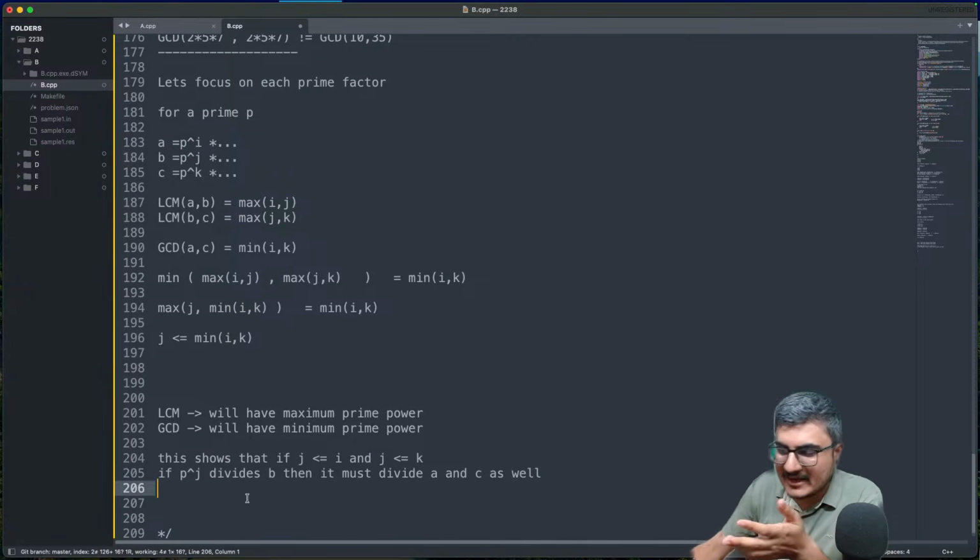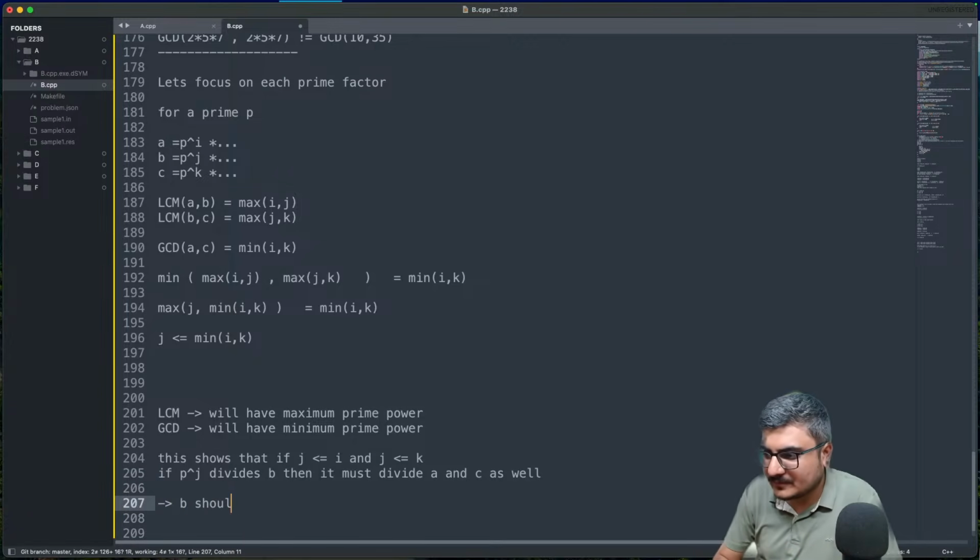And if you look at it for all the prime numbers, then this will translate to: B should divide A and B should divide C.